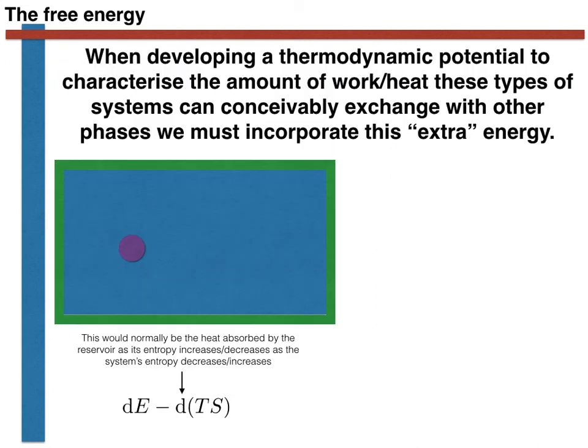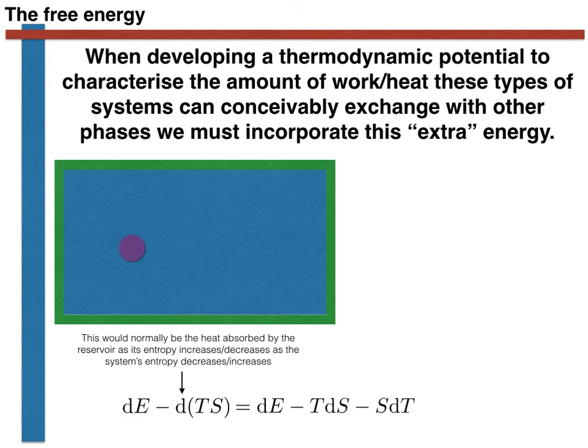We must therefore consider the infinitesimal shown at the bottom of this slide, which consists of dE, the change in the internal energy of the system, and d(TS), the heat that would normally be absorbed by the reservoir as the entropy of the system increases or decreases. Expanding out the factor of d(TS) using the product rule, we arrive at the following.